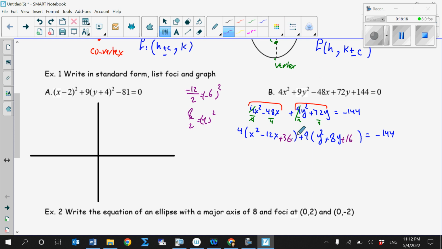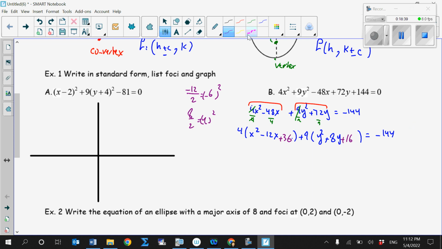Now, we have an equation here. That means the left side and the right side should be equal to each other, but we added something to the left side. We didn't do that to the right side. We need to do the same thing to the right side, so we keep the balance. So the left and the right side are equal to each other. So whatever I added here, I'm going to add to the right side as well.